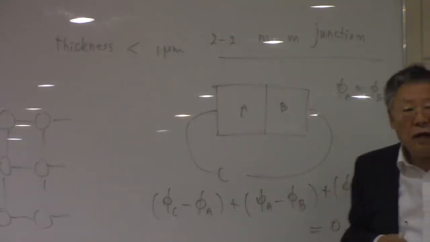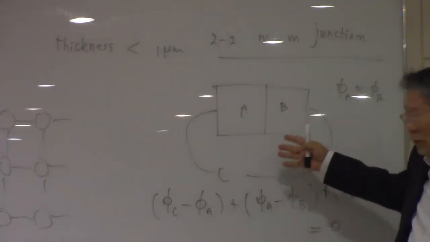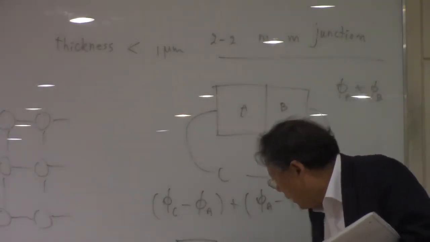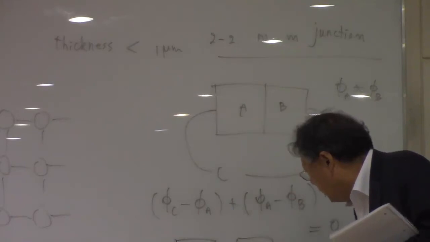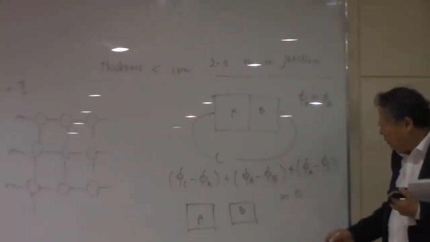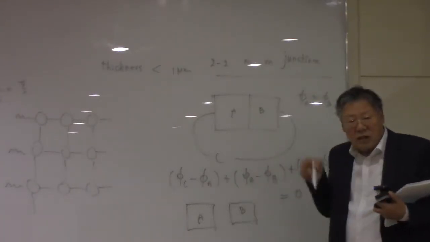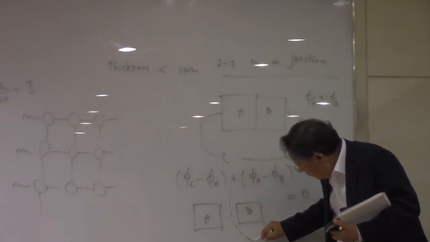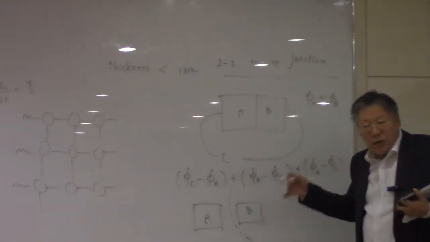There is a way, however, to measure the work functions. For example, if you put metal A here and metal B, you separate those two metals, and then you use an electron beam, and then you see the reflections.